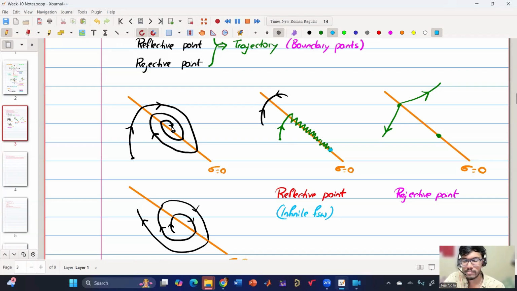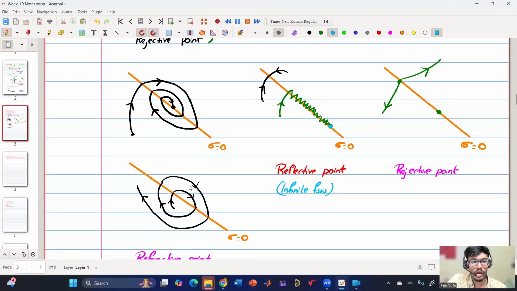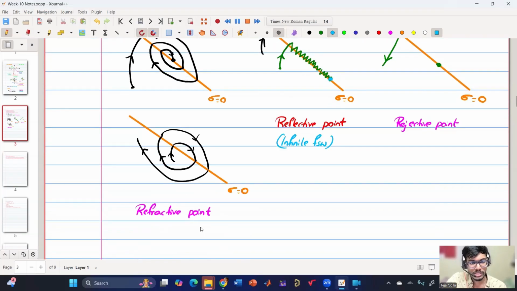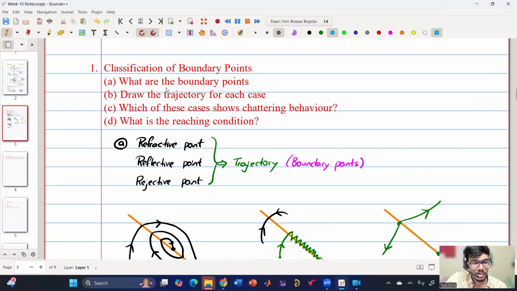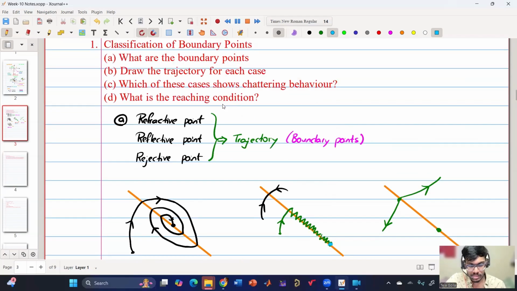So there is some finite non-zero duration for on time as well as off time, and it will finally reach the equilibrium point if it is stable. Else it can also move away from the equilibrium point. So these are the boundary points, and this is how the trajectory will look.